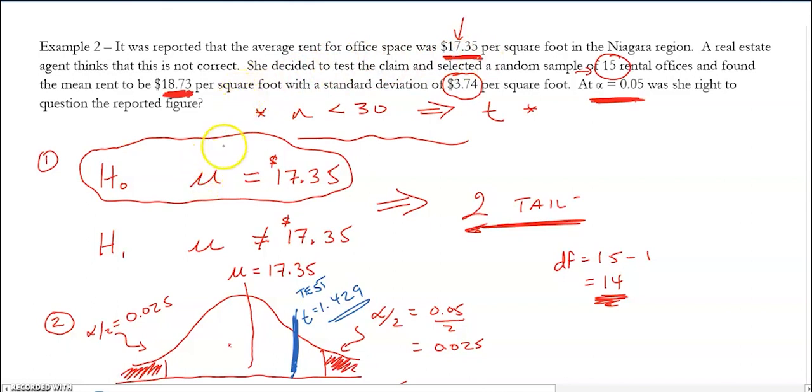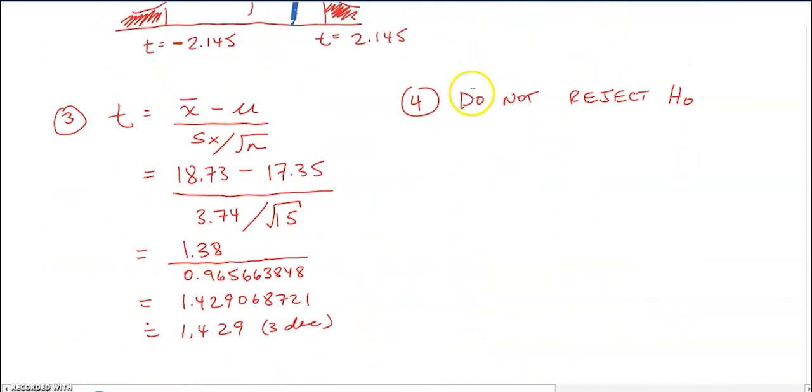Okay, so that's a very nuanced thing that I want to mention. So even though our sample looks like it's above average, it's still not far enough away when you factor in, like I said, standard deviation and the size of the sample. So the last thing we're going to do then is actually state our conclusion once again and see what you come up with, and we'll compare notes.